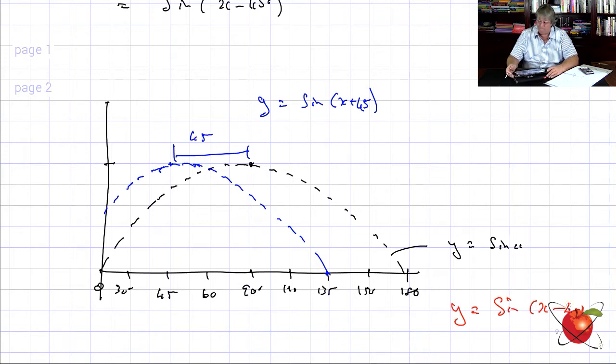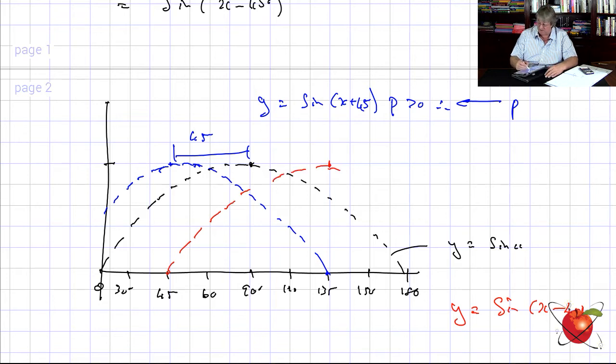Backwards. P is greater than 0, therefore the graph goes back by p. For sine of (x plus 45), I'm going to take each point of importance and move it: 90 goes to 135, and this moves to there. So this is going to now come up here and go down there like that.